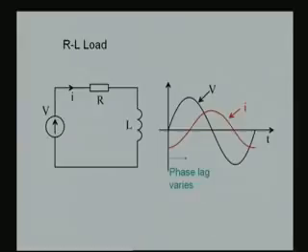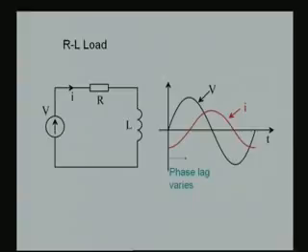What happens if we have an R L load? You see, you now have a combination of an R and an L. And what happens to the source voltage waveform and the source current I for such an RL load? You see it alongside. Again we have used the black color for indicating the voltage and the red color for indicating the current. We have a phase lag as usual, like in the case of an inductive load.